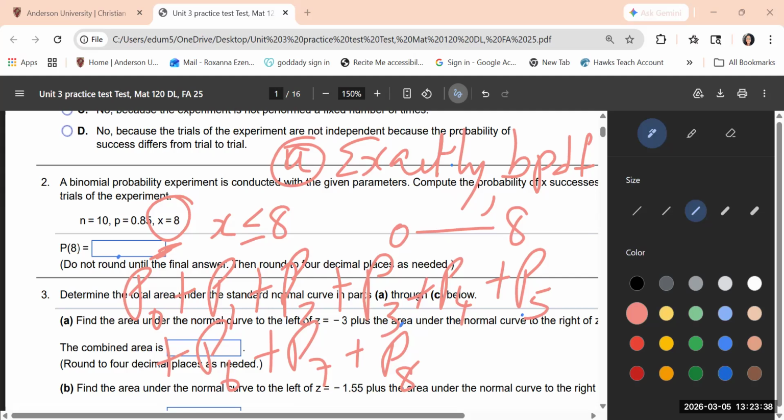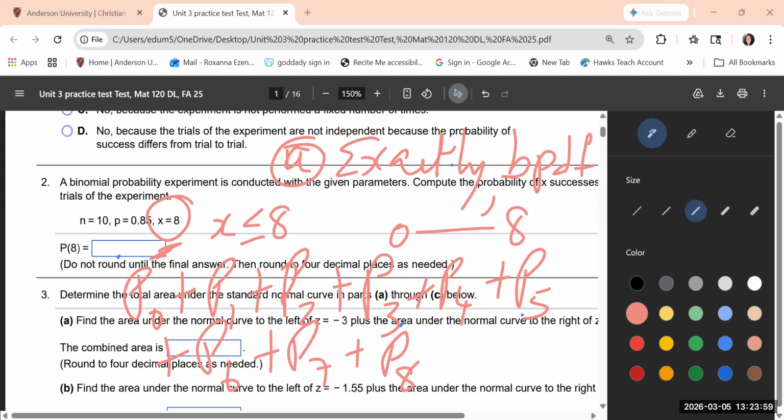And then P7 is equal to 10 combination 7, success to power 7, failure to power 10 minus 7, which is 3.